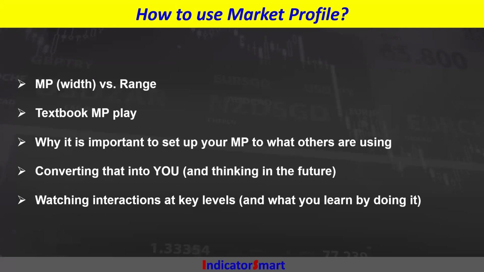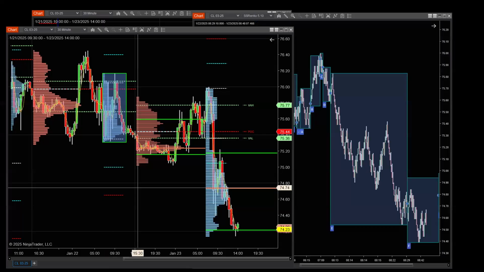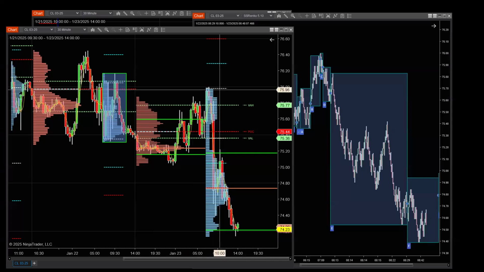Now, on any given day the market profile might be different, so let me show you another one that I have here. This level right here is the initial balance period level, the 2 white lines right there. I have this set to the first 2 periods of the day, the first hour of the day.